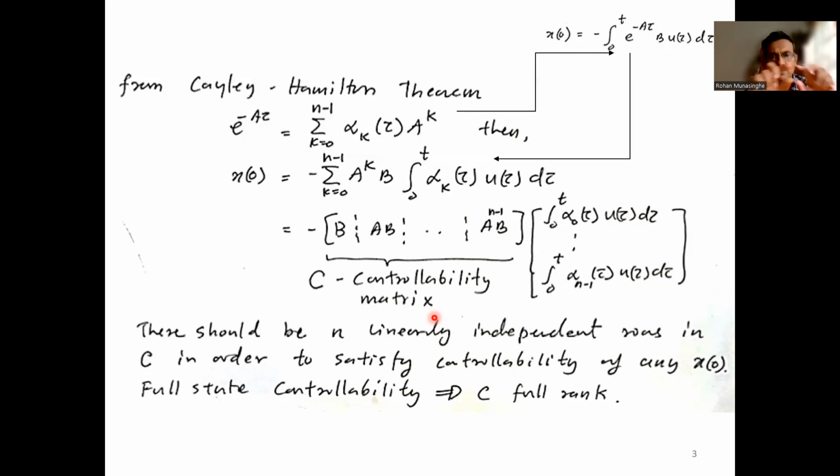For example, if the first row is 1, 1, 1 and the second row is 2, 2, 2, they are obviously linearly dependent, because multiplying the first row by 2 gives the second row. They are not independent rows.